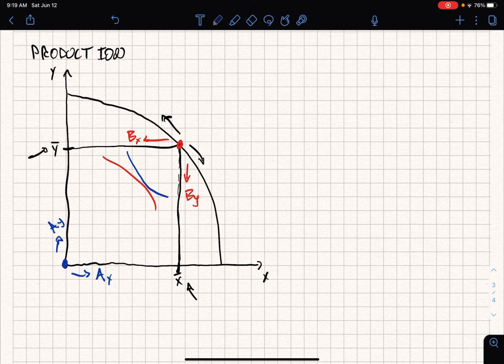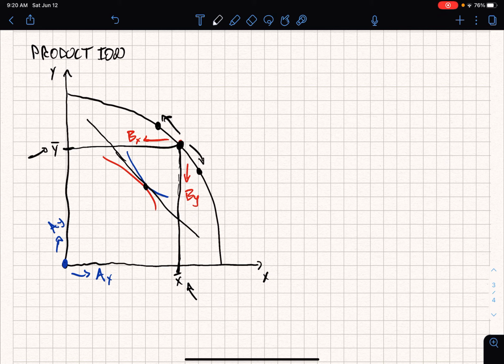Which gives us our Pareto efficient point, given some initial allocation. It gives us the price line. We also have this trade-off between X and Y on the production possibility frontier.